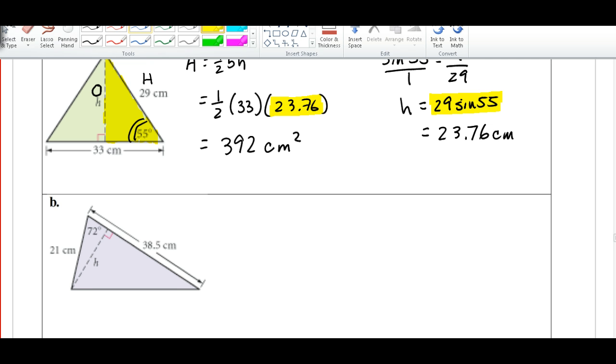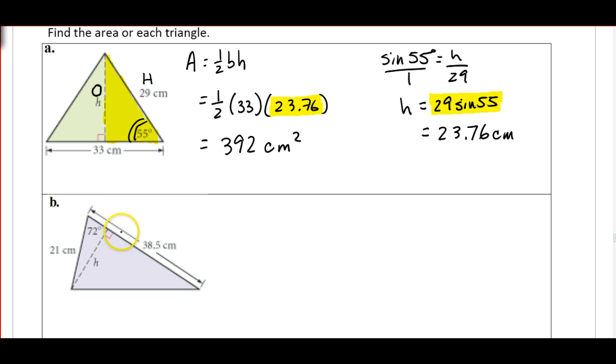This one is turned a little bit differently, but we still have the same thing. If I look at this right triangle over here, then the 21 again is going to be my hypotenuse, and the 72 is opposite my h, so that's my opposite side. So if I want to find the height, again I could use my sine ratio.